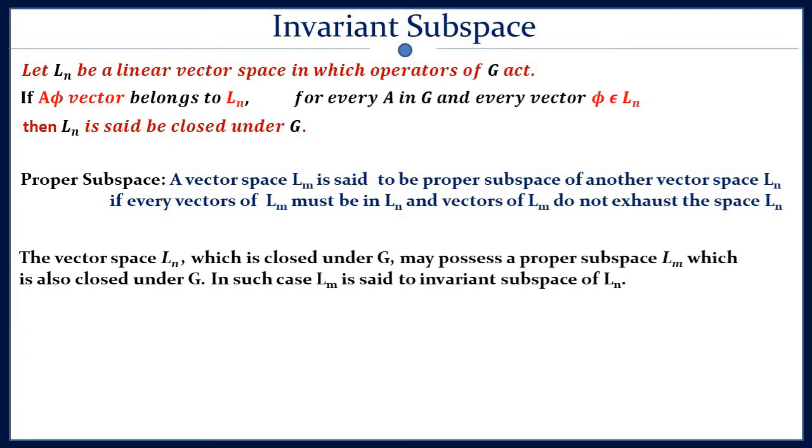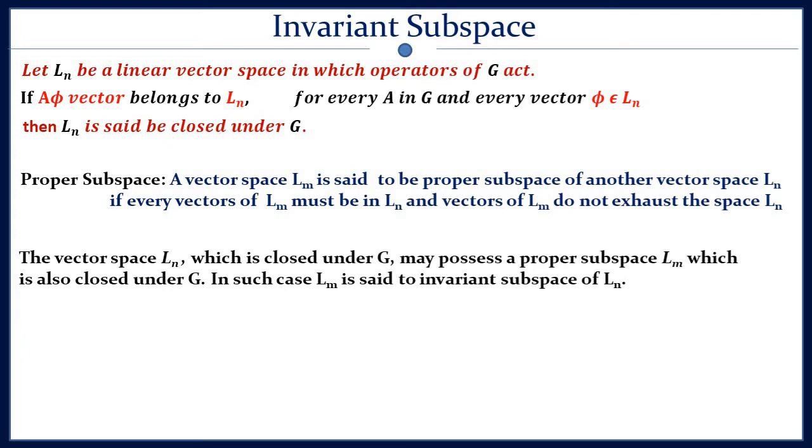If this Lm is also closed under group G, in that case we can say Lm is an invariant subspace of Ln. Lm has to be a proper subspace of Ln as well as closed under group G. In that case, Lm is said to be the invariant subspace of Ln. To understand it in detail, you must visit your linear algebra course.